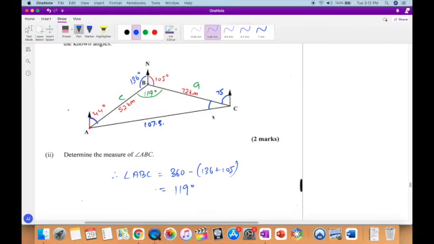So we could say that C over the sine C is equal to B over the sine B. Right?